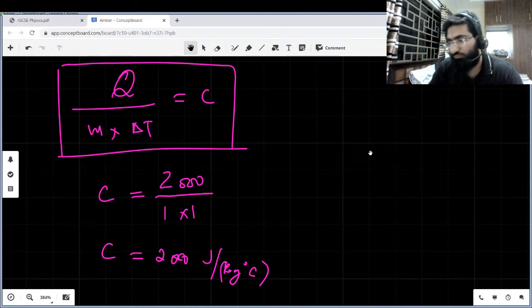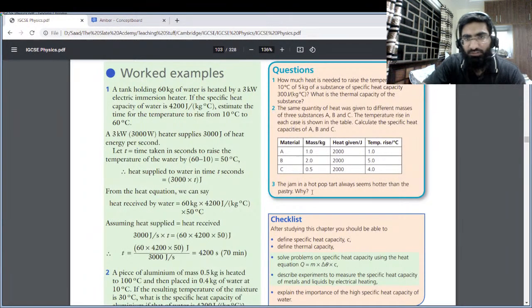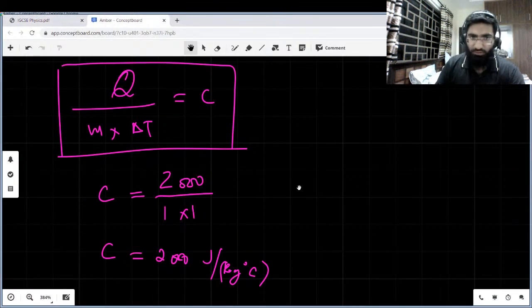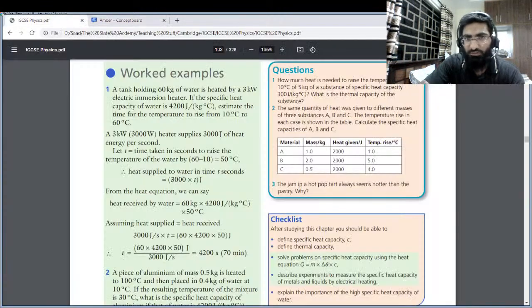Then for the next substance, same formula, C is equal to Q divided by M times delta T. The heat given to this second substance is also the same. We are giving the same 2000 joules to different substances, but each time the substance and mass are different.